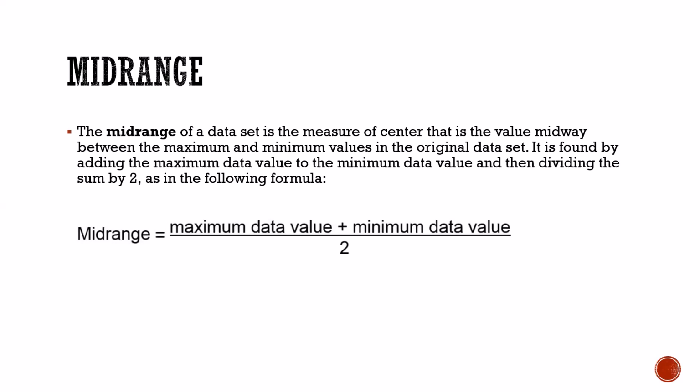Okay, questions. Is this the same or different than the median? It's different, right? It can be confusing because you might both think of them as being the middle, but it's a different type of middle. So for example, if I had the data set 1, 2, 3, 4, 20, this is the median.